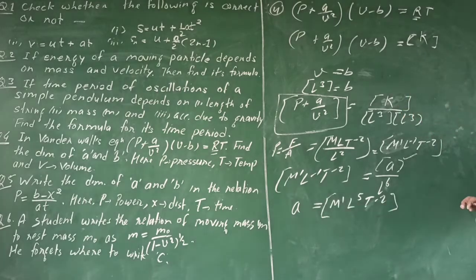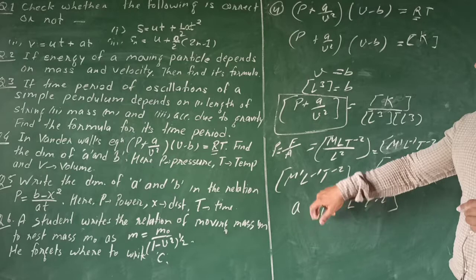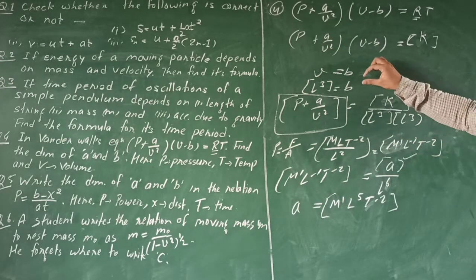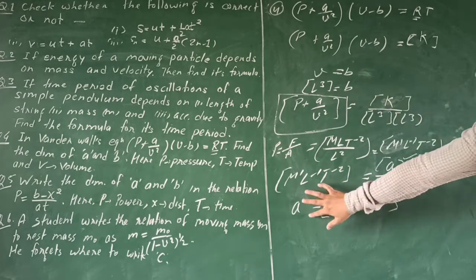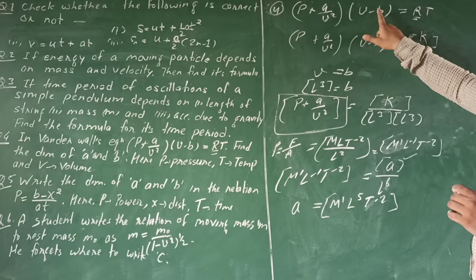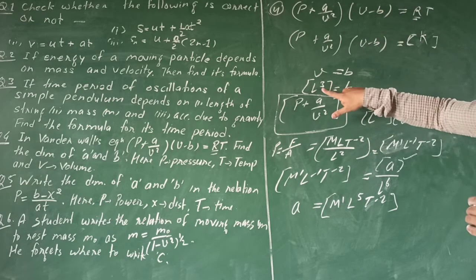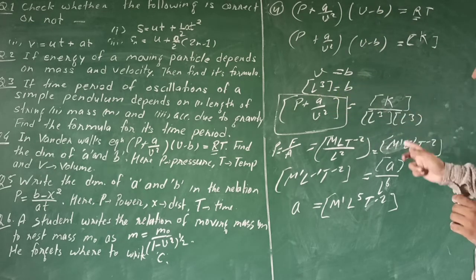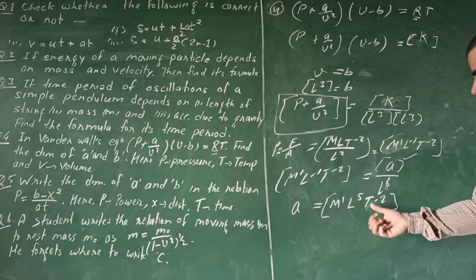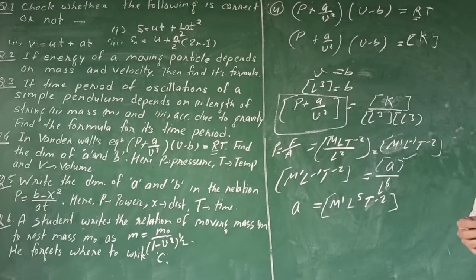So we have found the dimensions of B and A. The dimension of B is L cube, or L3, and the dimension of A is M1 L5 T minus 2. Is it clear?